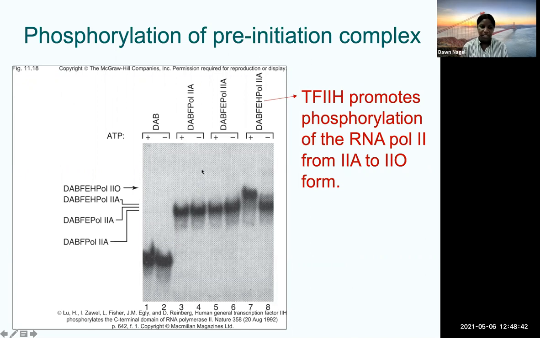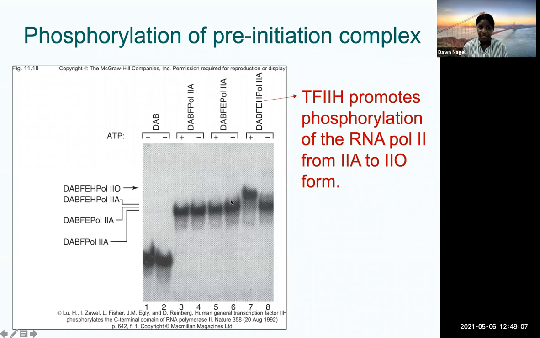The next two, lane 3 and lane 4, you have the same thing, presence of ATP, absence of ATP. You have the general transcription factors, in this case where you're adding F, and you also have polymerase. And you can see you have that formation of the unphosphorylated state.